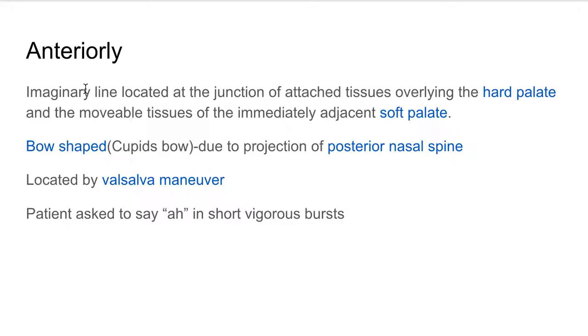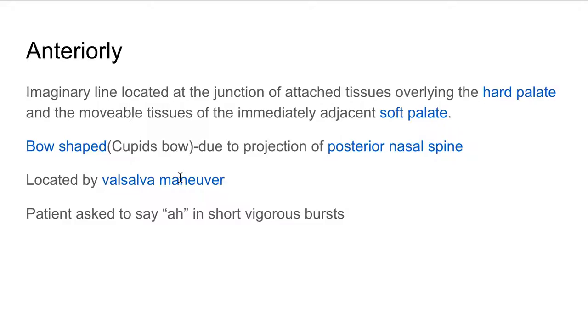This is an imaginary line located at the junction of attached tissues overlying the hard palate and the movable tissues of the immediately adjacent soft palate. It is bow-shaped due to the projection of the posterior nasal spine, and it is located by performing the Valsalva maneuver.